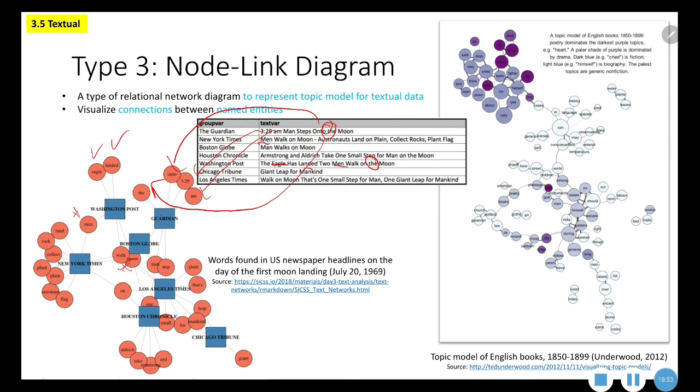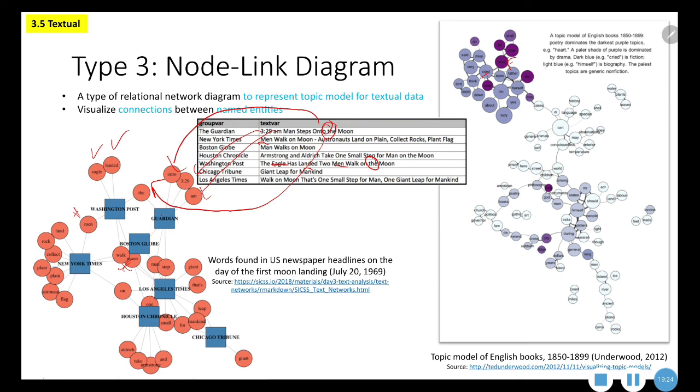The paler colors mean lighter than that. Then the dark blue, which is not really dark blue but more like a purple color, lighter than the poetry color. The word is "cried", and it says here that "cried" is a genre of fiction, so that dark blue color represents fiction.